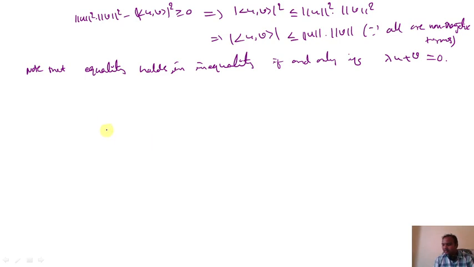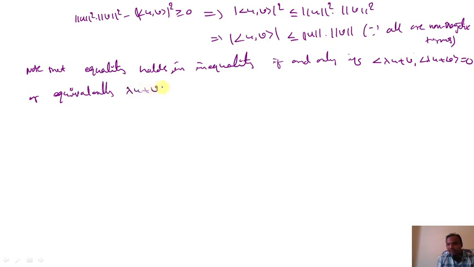If and only if ⟨λu+v, λu+v⟩ = 0, or equality, equivalently λu+v = 0.